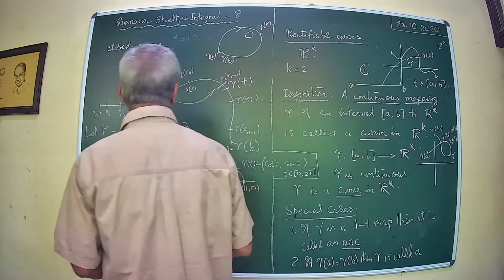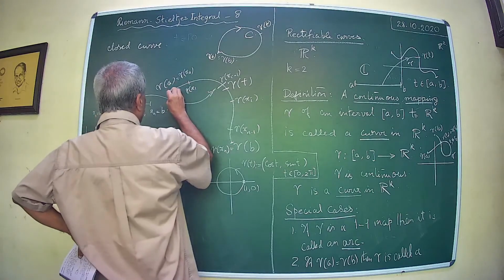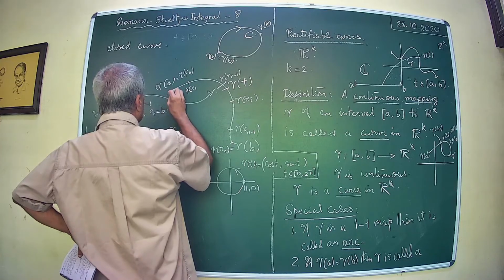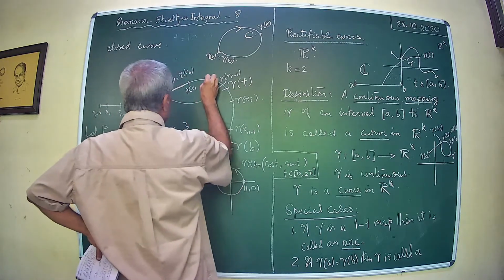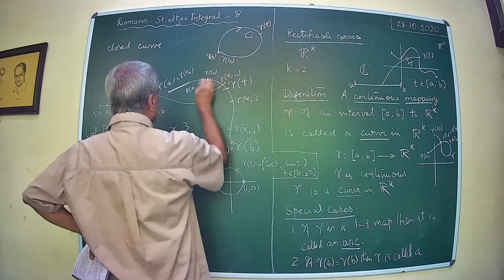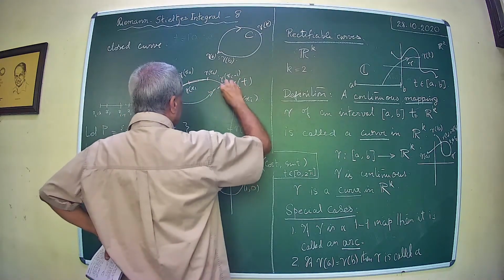Now we construct a polygonal arc. How do you construct a polygonal arc? Join gamma x naught with gamma x1 by a line segment. Then gamma x2, you join this by a line segment, and so on.